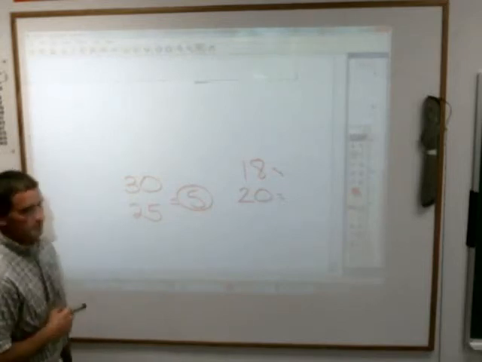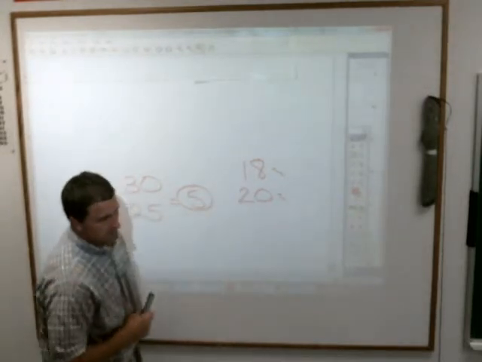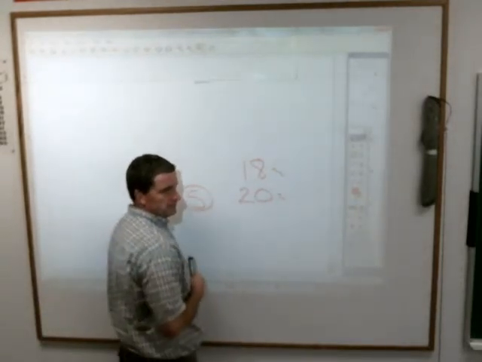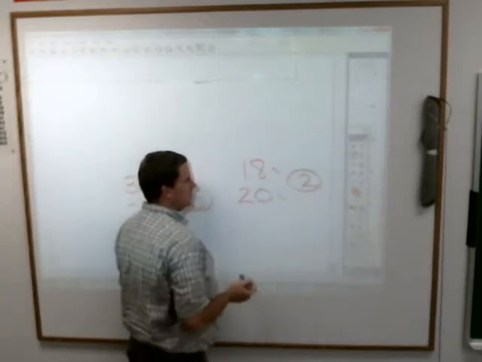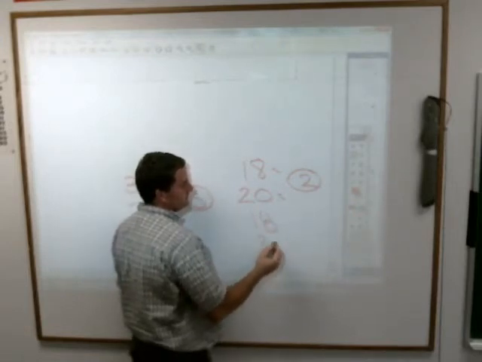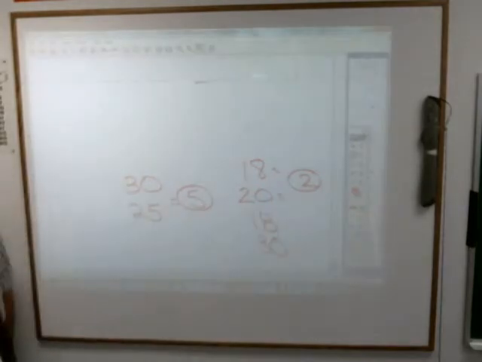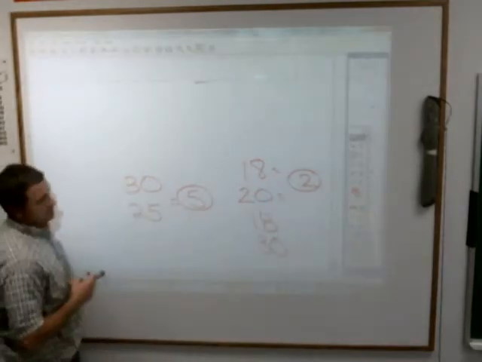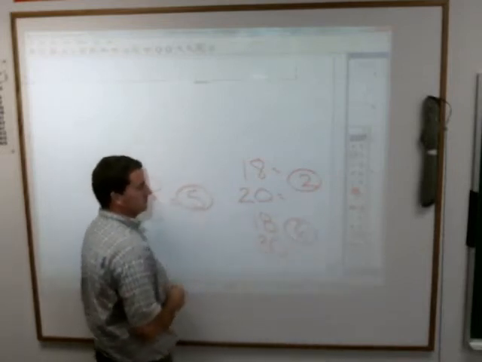Caitlin says, no, 4 doesn't go into 18, no. Alex? 2, I believe, is probably right. What about 18 and 30? Greatest common factor. Ryan? 6. Yeah, probably 6.